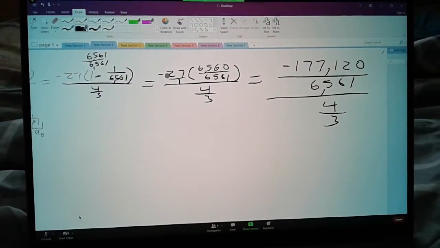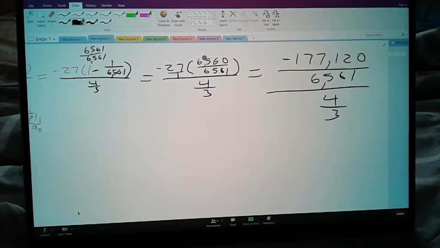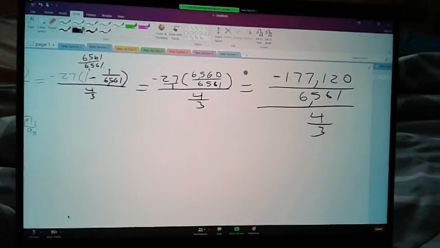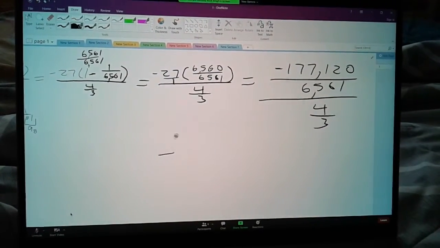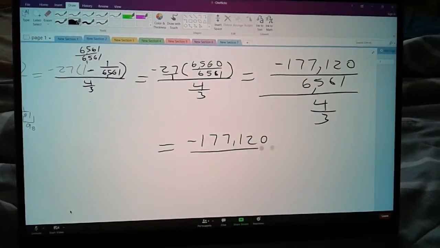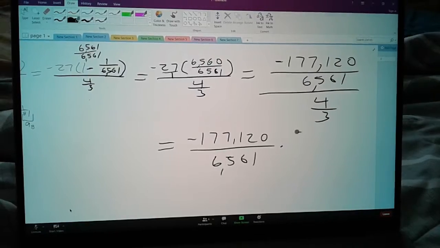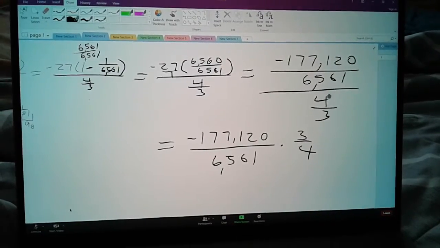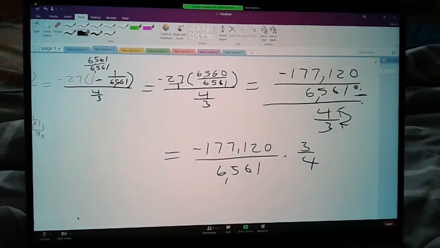If I multiply 27 by 6,560, we get negative 177,120. If I divide two fractions, I have to take the reciprocal of this one and then multiply it all out.